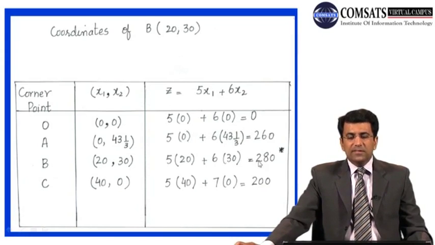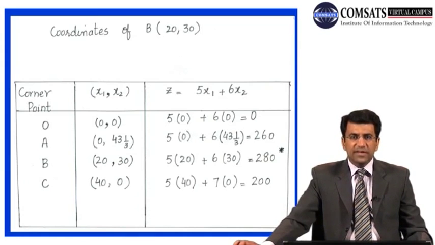Now class, these are the different alternatives available before the operations manager, and of course he will have to decide about the maximization of profit, and he will have to find out the best combination of the products x1 and x2 which can maximize his profit.